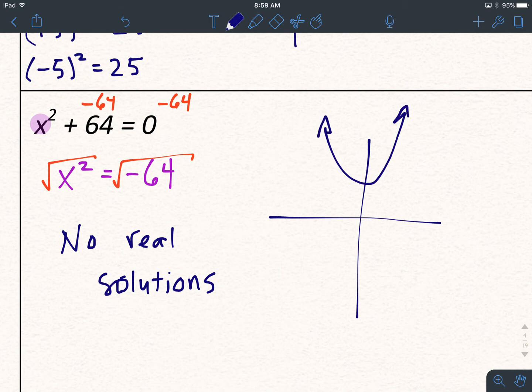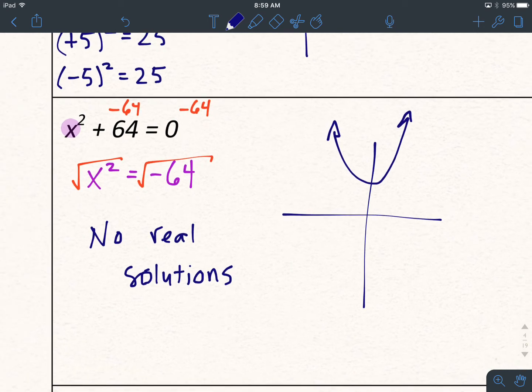So it makes sense that there are no real solutions because our parabola, were this to be a quadratic function, would not have any x-intercepts. So again, hopefully we can start to see the connections between these two concepts, quadratic functions versus quadratic equations and how they connect.